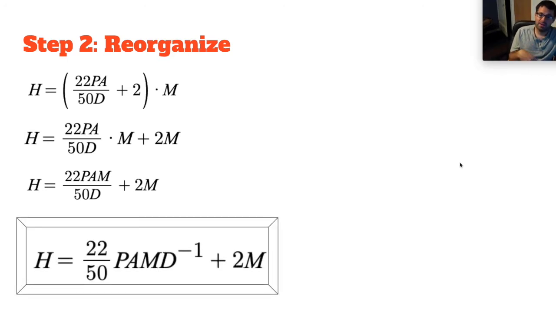Anything in the denominator of the fraction is being raised to a negative power, and since D is to the first power because there's no exponent, it's to the negative first power. So what we're left with is 22/50ths PAMD to the negative 1 plus 2M as our damage formula.